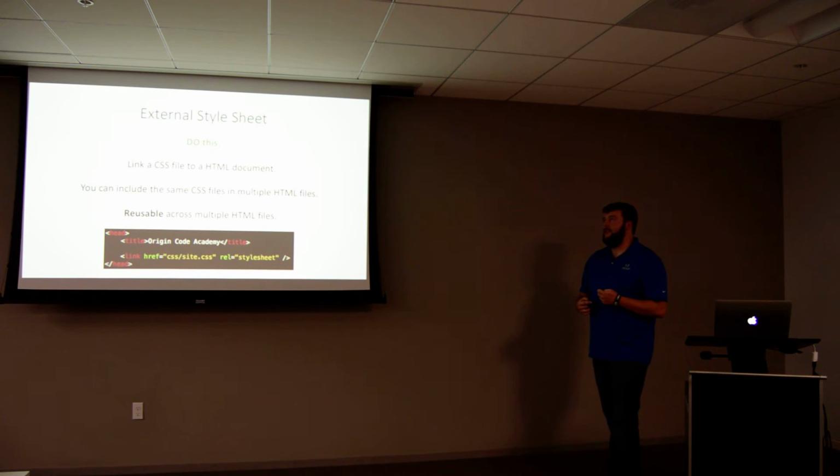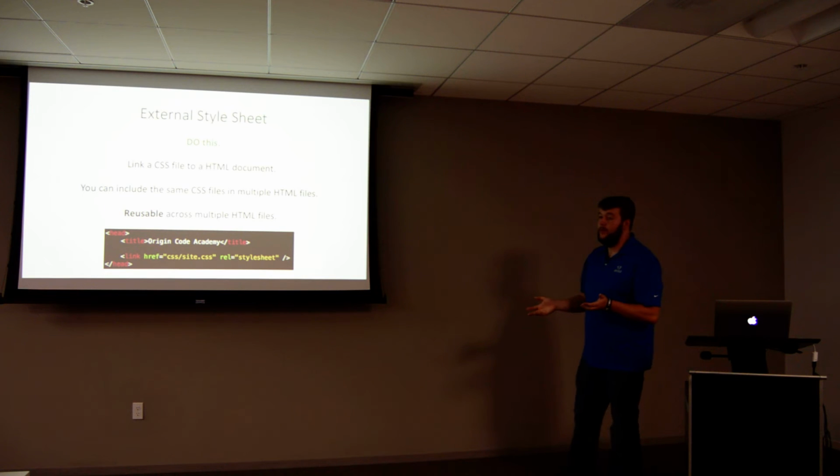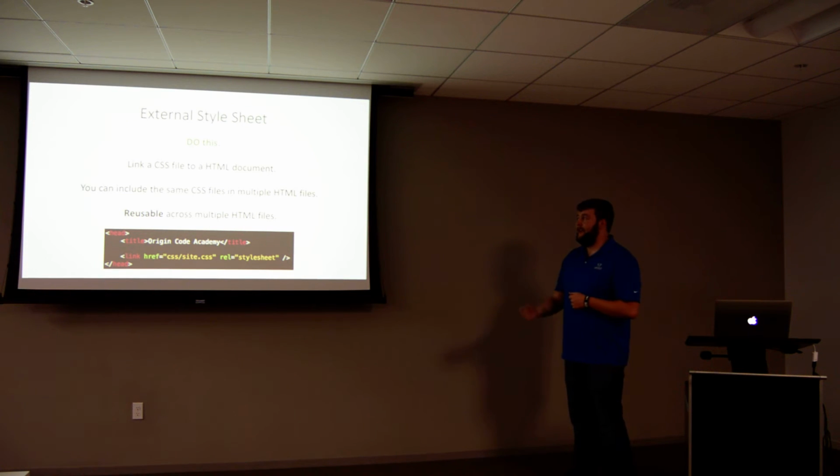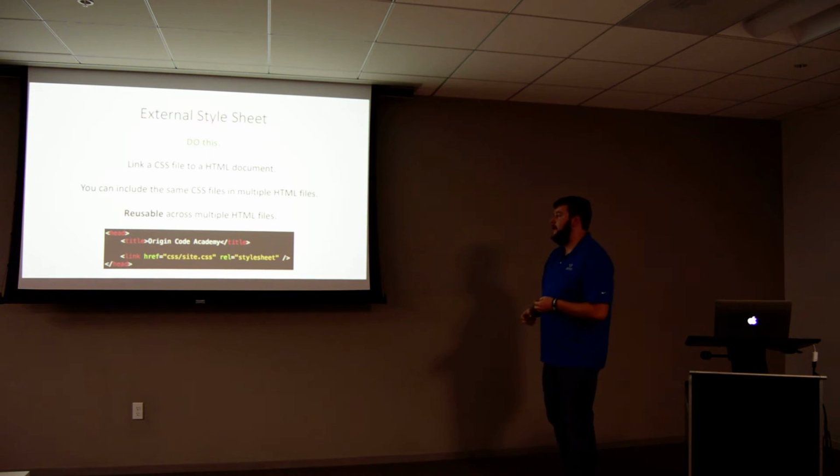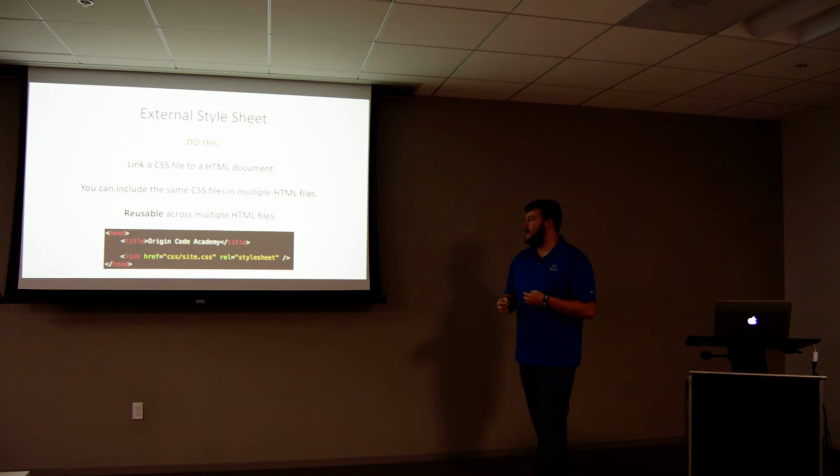So let's say, for example, I have my own personal website. I have my index.html file, and then I might have an about me page, a contact page, things like that, services. If I have one CSS file, I can include it across multiple HTML files and keep a consistent styling among all those pages.